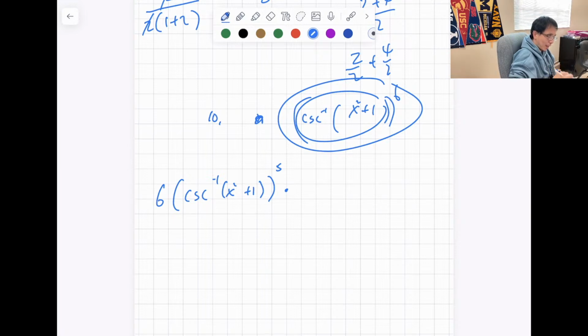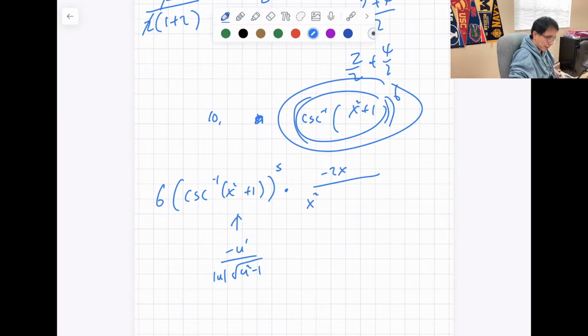Thank you. So now what's the derivative of the inverse cosecant? I think it is negative u prime over absolute value of u times square root of u squared minus 1, right? So what is u in this case? X squared plus 1. So du is gonna be what? 2x. Negative 2x.